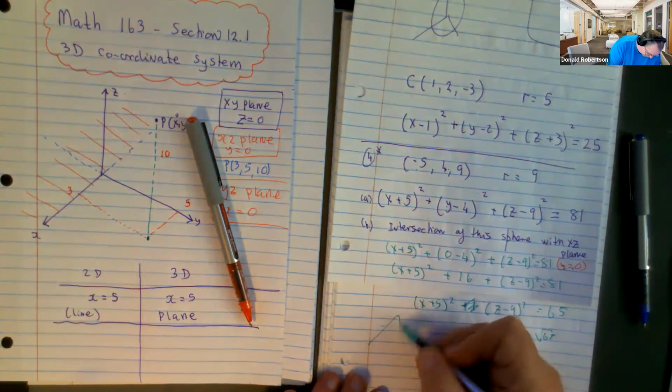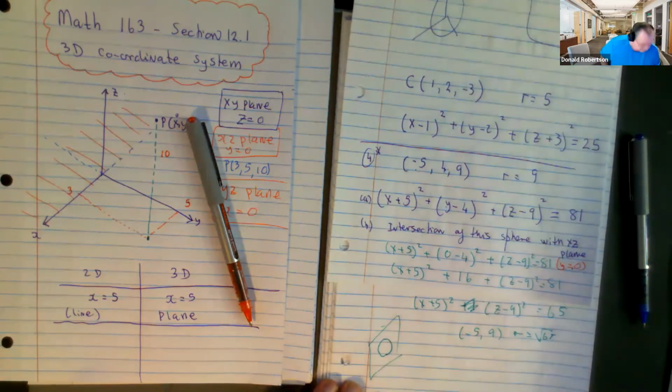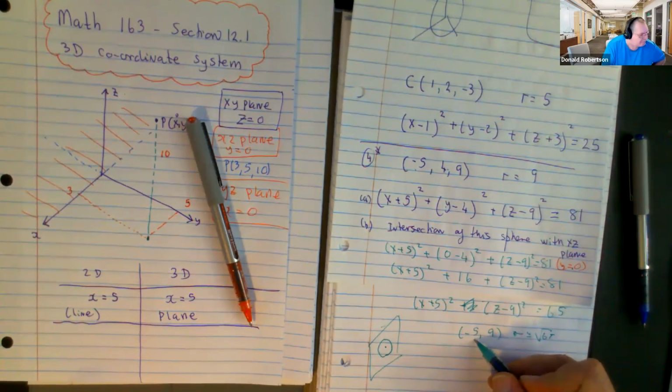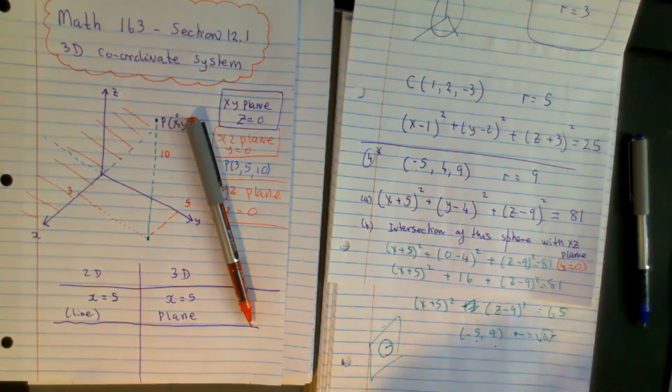So can you imagine this is the plane they're talking about? When the sphere meets it, won't it make a little circle? And won't the center of that circle be there? And won't the radius of that circle be that? Hey, why is it a -5?